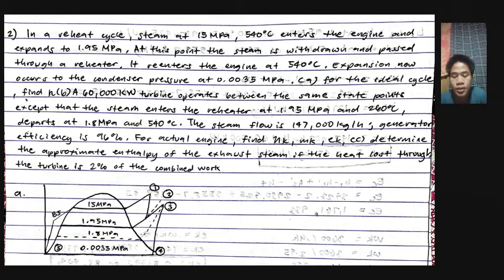For the actual engine, find N, K, M, E, K, and last but not the least, C. Determine the approximate enthalpy of the exhaust steam if the heat loss through the turbine is 2% of the combined work.